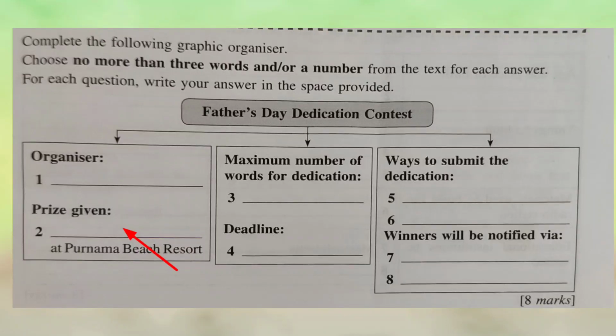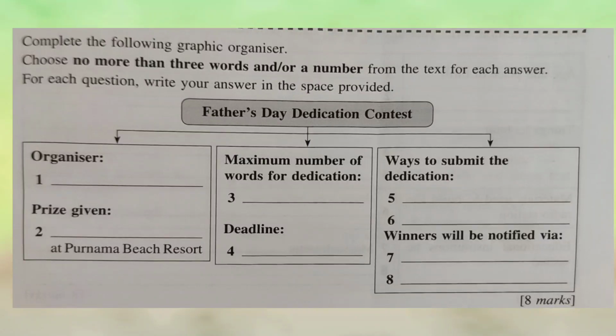Okay, you need to find in the text what are the prize given at Punama Beach Resort. Next, maximum number of words for dedication. So it's very obviously number 3 is about a number. Okay, number 4, deadline. So you need to have a date here. Okay, so might be a number also.